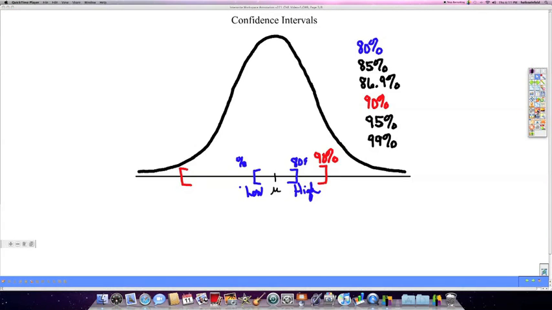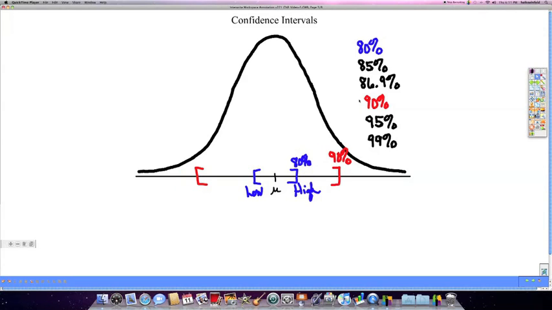I'm going to back up just a bit. This is the way to put it back the way that it was. For a 90% confidence, we want to be very sure that our population mean falls within the interval, the low to the high.